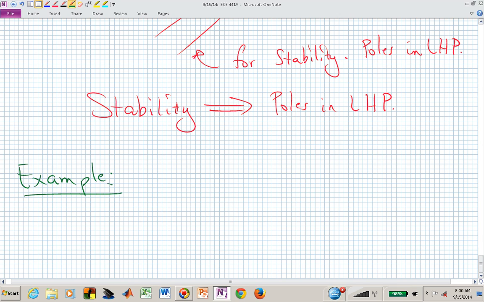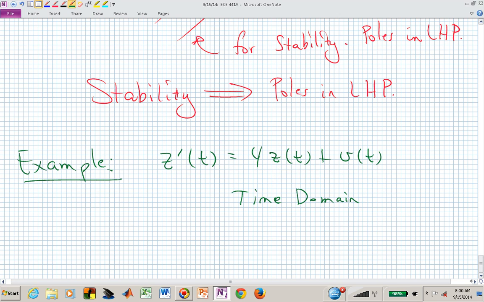which we've now linearized our nonlinear system, we now have this time domain expression. And if you're not as familiar with the time domain and eigenvalues, then you're going, I don't know, where are the poles?